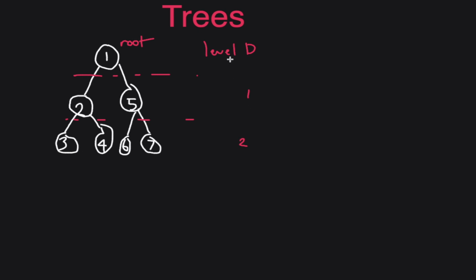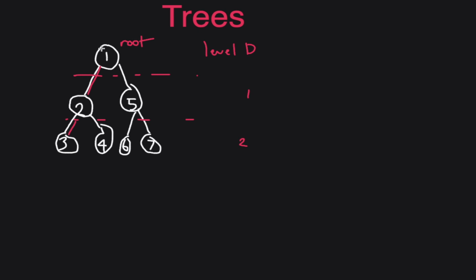You might also need to know the height. The height is the number of edges in the longest path from the node to a leaf. For this root node, for example, we can see that there's one edge here and another edge here.